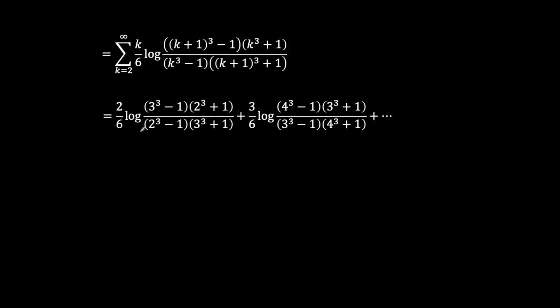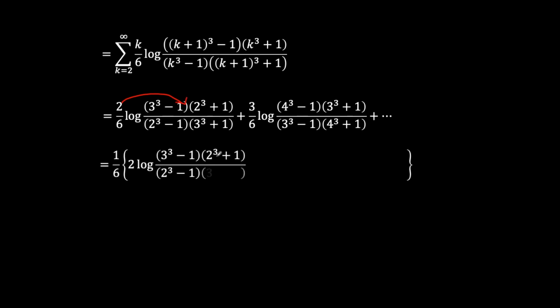Now, one thing we could also do is pull out a sixth and then apply the power, pushing out the numerator as powers into the log function. So we'll pull out 1 over 6, and then we still have 2 log 3 cubed minus 1 times 2 to the power 3 plus 1 over 2 to the power 3 minus 1 times 3 plus 1 to the power 3 to the power 3 plus 1 plus 3 log, and continuing so on and so on.